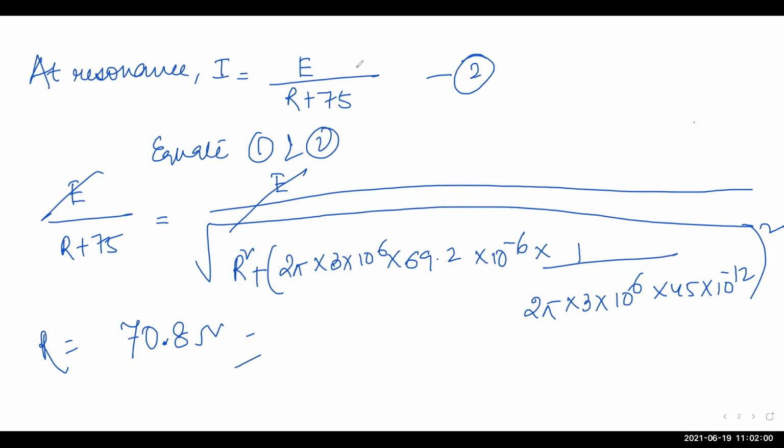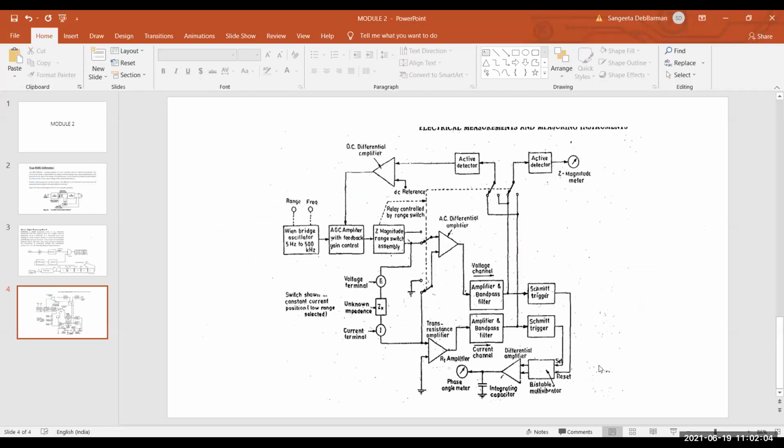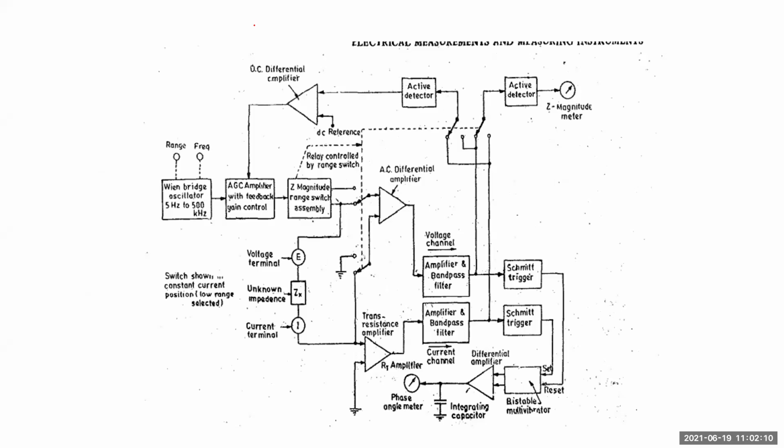Now we will shift to the next topic of our module. I think this diagram is visible to everyone. Now this is a diagram of the topic we will start with, the vector impedance meter.